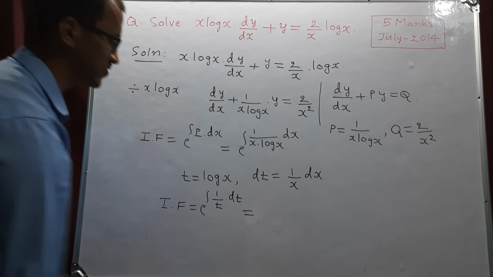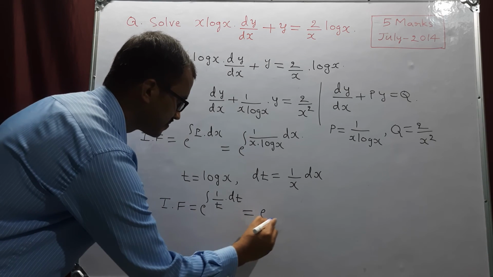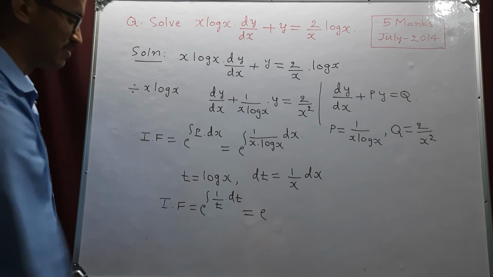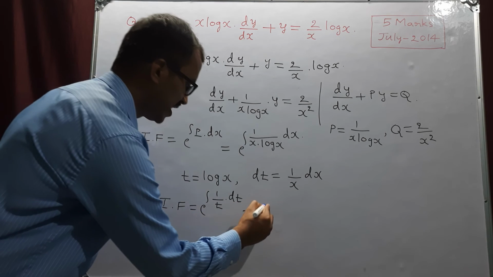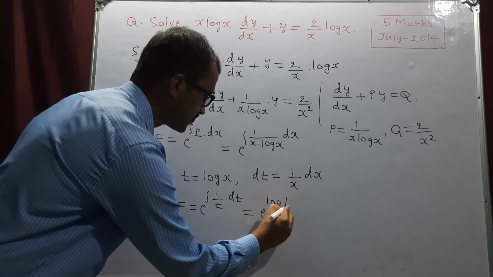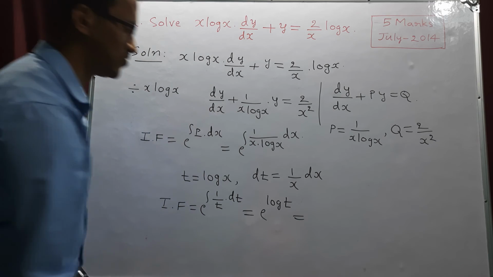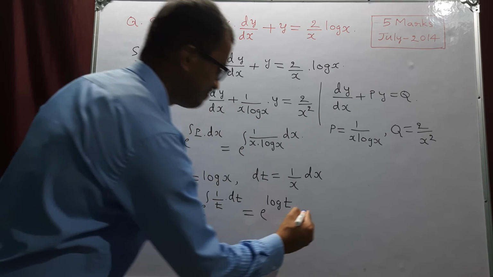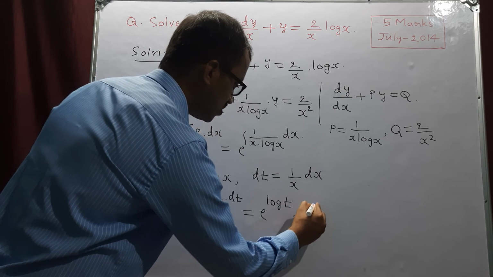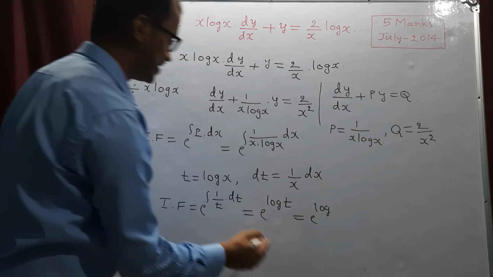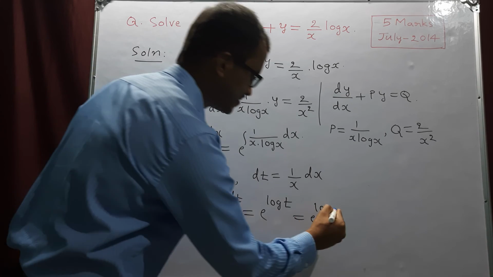So that is equal to e power integration of 1 by t. Integration of 1 by t is log t, so that is equal to e power log t. t is nothing but log x.